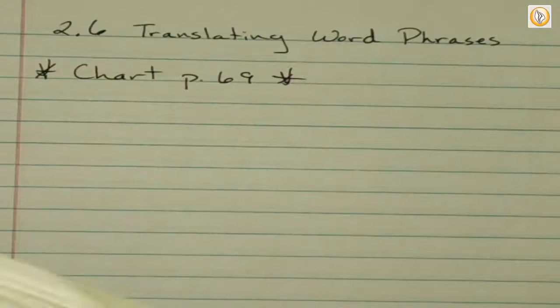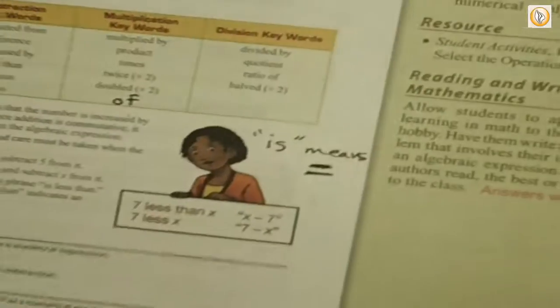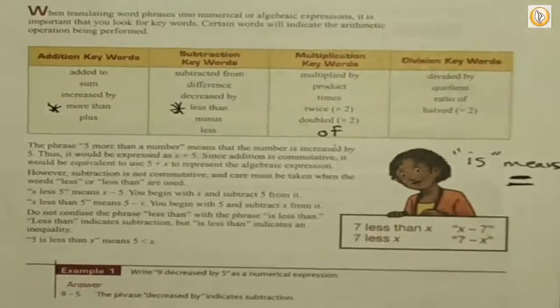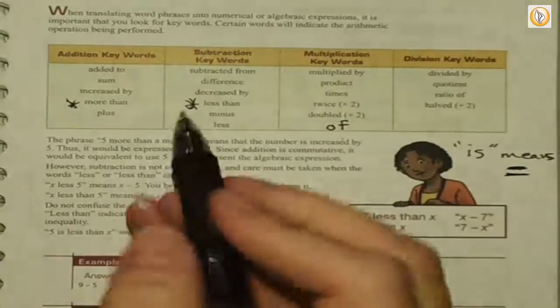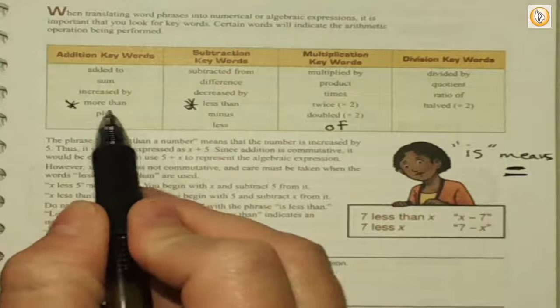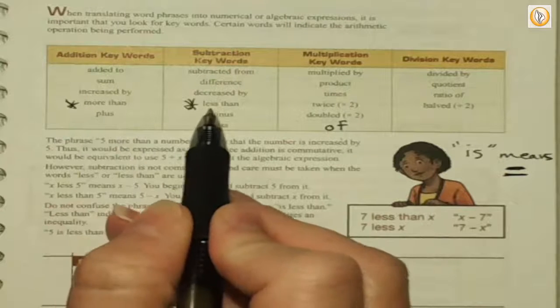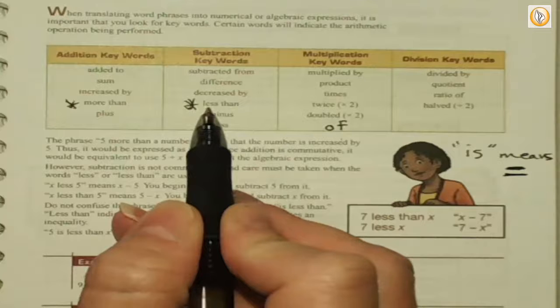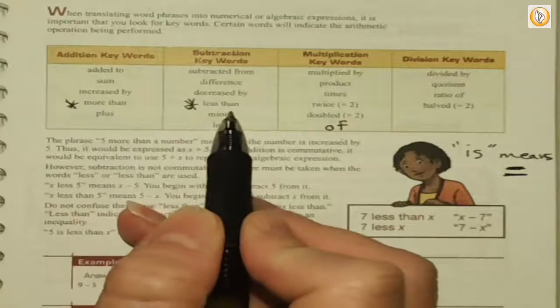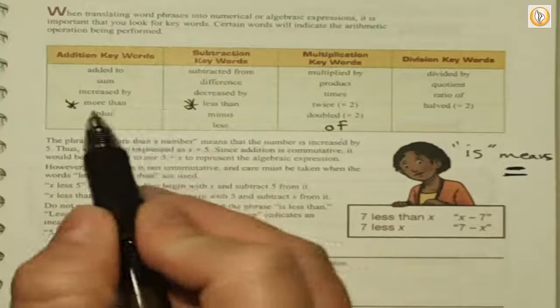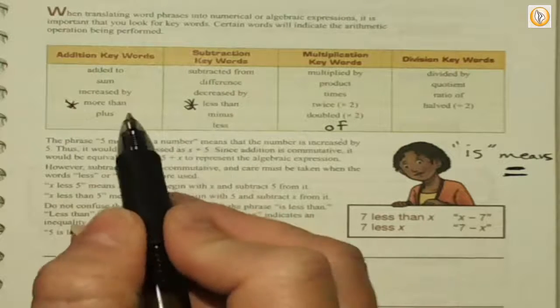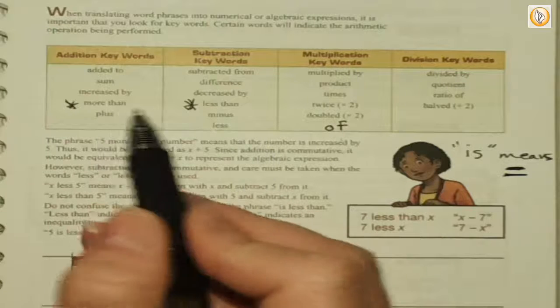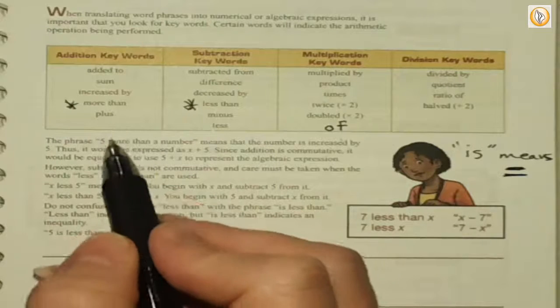Put that in your notes, but also, because I know sometimes you don't have your spiral with you, look at what I have written on my book, and I want you to mark the same. Right here, I have a star by more than, and a star by less than. You should be putting stars in your book as well. These are what I call my red flag words, and I'll explain to you why in a little bit.